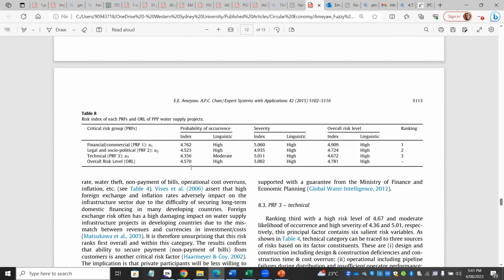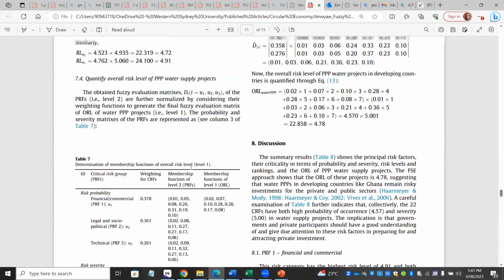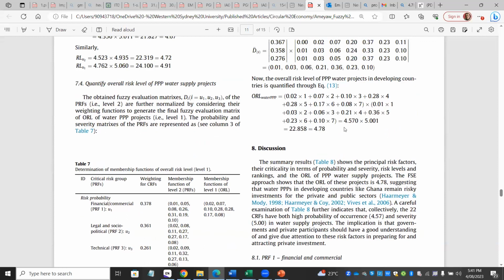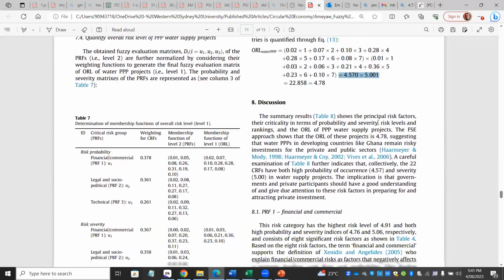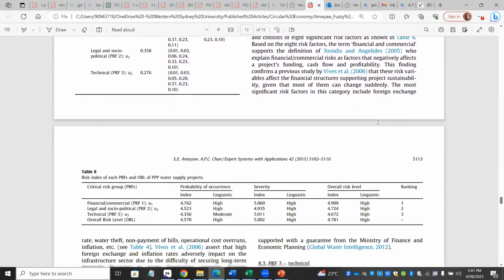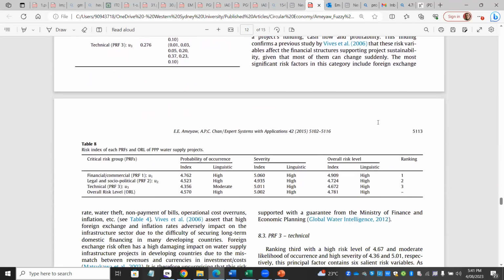Okay. Then the overall, where did they get overall from? The overall figure for probability of occurrence is 4.57, and for severity 5.002. Okay, good. So what is the overall risk level?